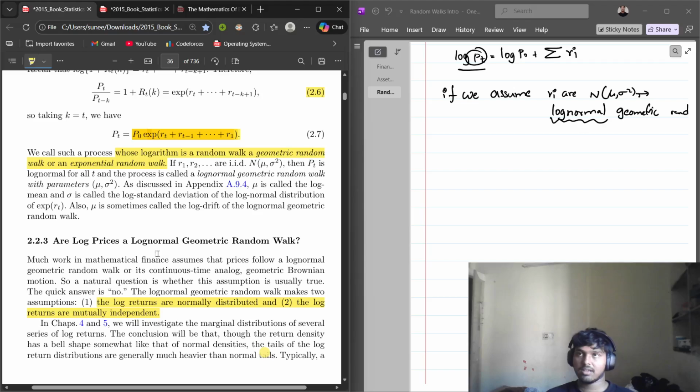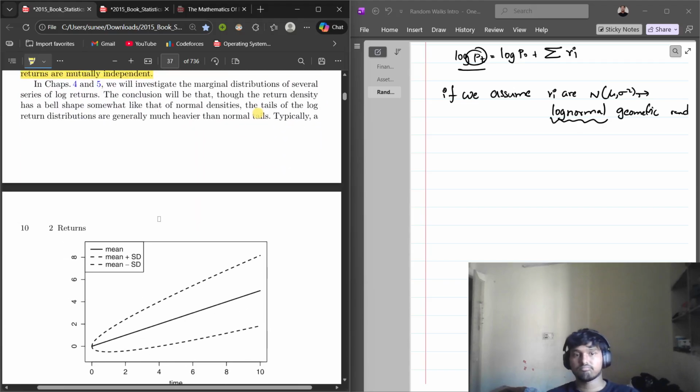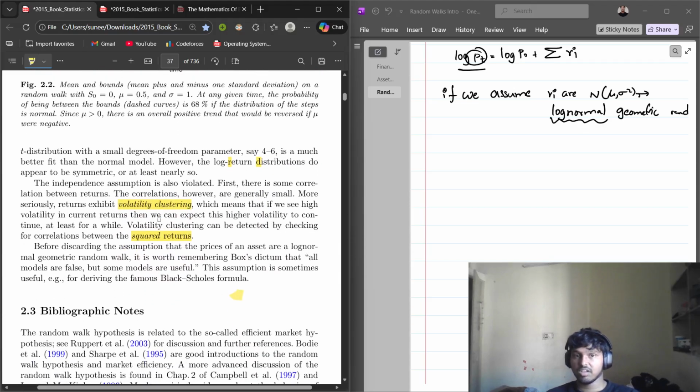If the market is very volatile at t equals 0, it is generally the case that it's going to be volatile at t equals 1, t equals 2, or something close. That is called volatility clustering, and that is generally the case. So we can't assume they are independent.